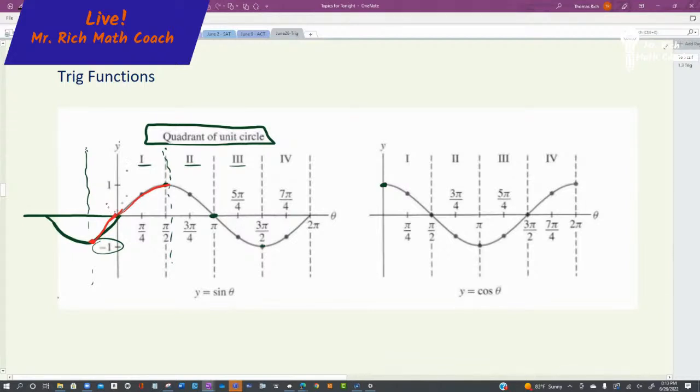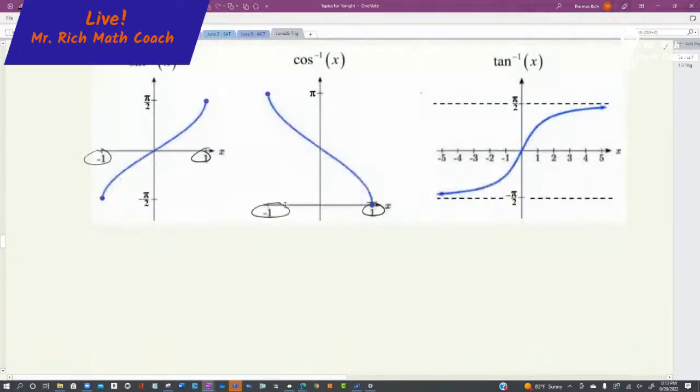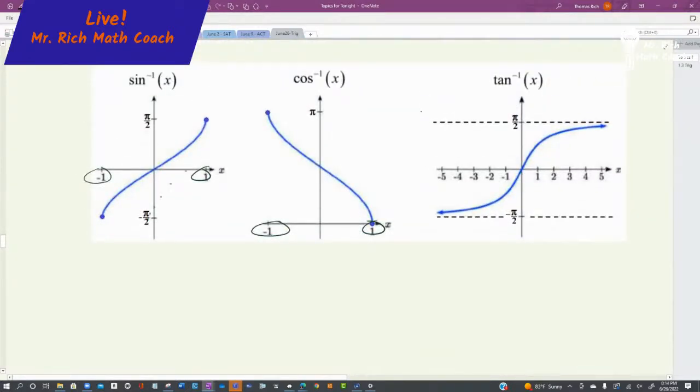That's why we restrict the domain here to be negative pi over 2 to pi over 2. So that's what becomes the range then here, negative pi over 2 to pi over 2, and it stretches from negative 1 to 1. All right, so these are the arc functions for sine, cosine, and tangent.